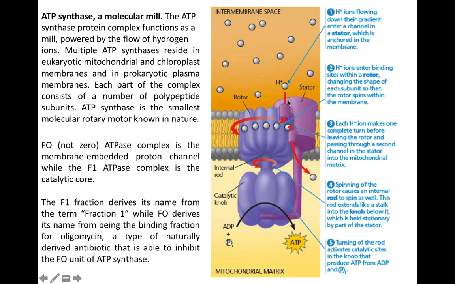So protons will pass through the first channel, and now this binds. Next to the stator is a rotor. Rotor has got binding sites for protons, or for these proton ions. These proton ions will pass through one channel and bind to their binding site.